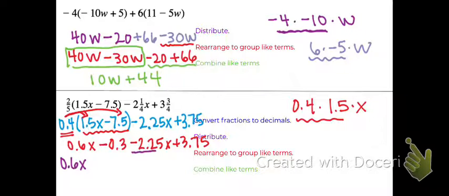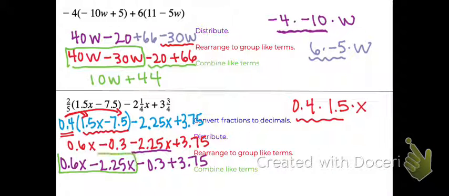It's right here. I'm going to put that minus 2.25x next to the 0.6x. And then my constants, minus 0.3 and plus 3.75, go next to each other as well. Now I can more clearly see the ones that need to be combined.